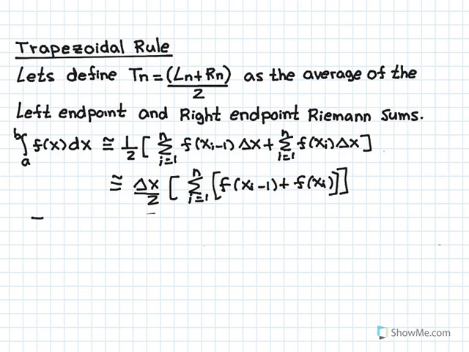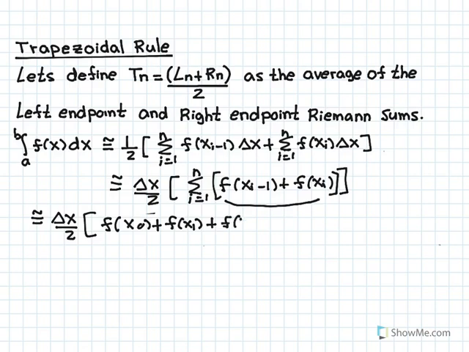So now what we have is delta x over 2. Let's expand this summation. If we plug in i equals 1, we get f of x0 plus f of x1. That will give us the first pair of terms. Plus, now put i equals 2, and we get f of x1 plus f of x2.